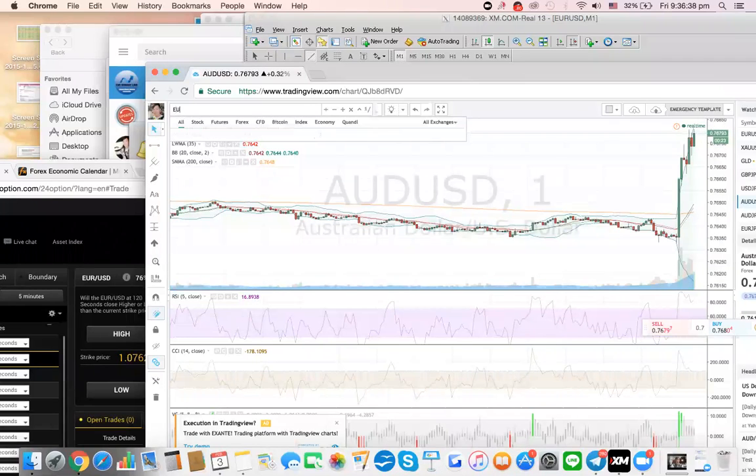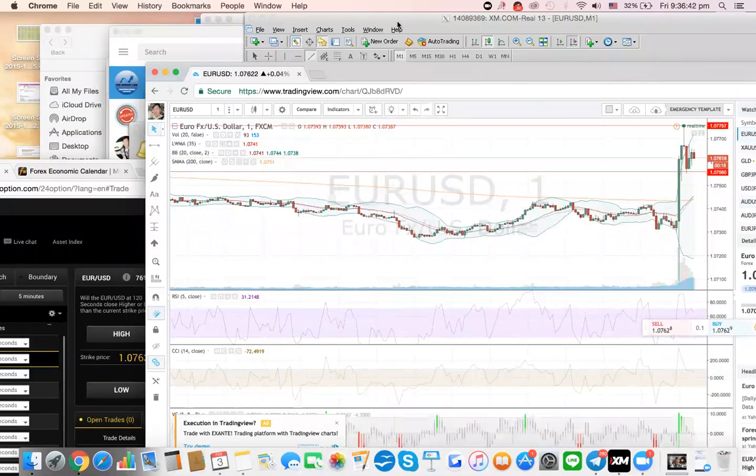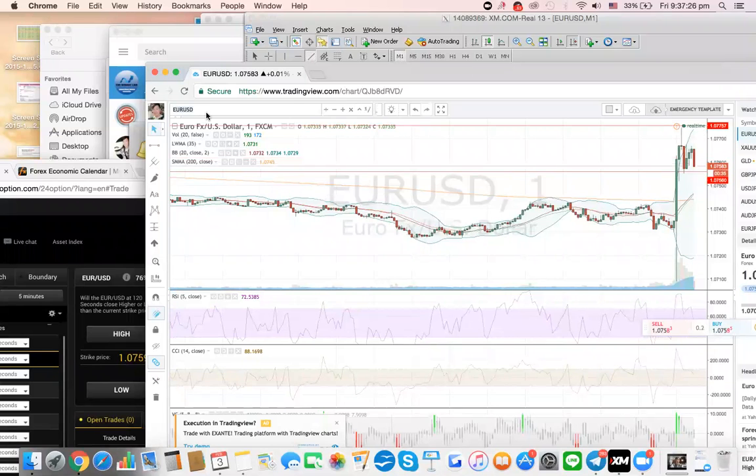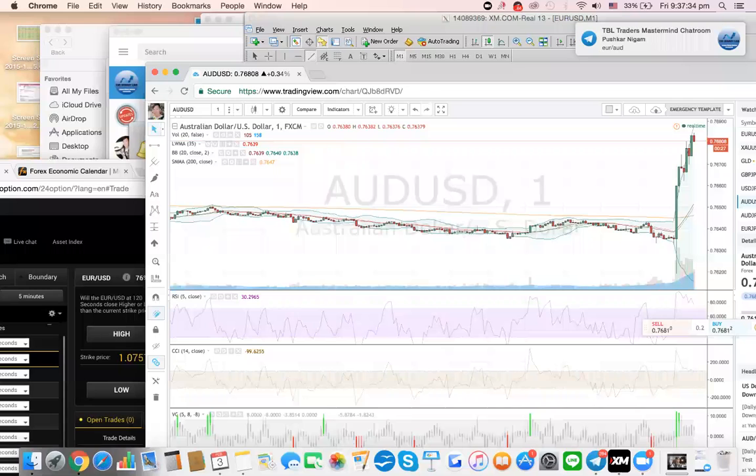Check out if AUD USD has broken out yet. AUD USD looks about ready.